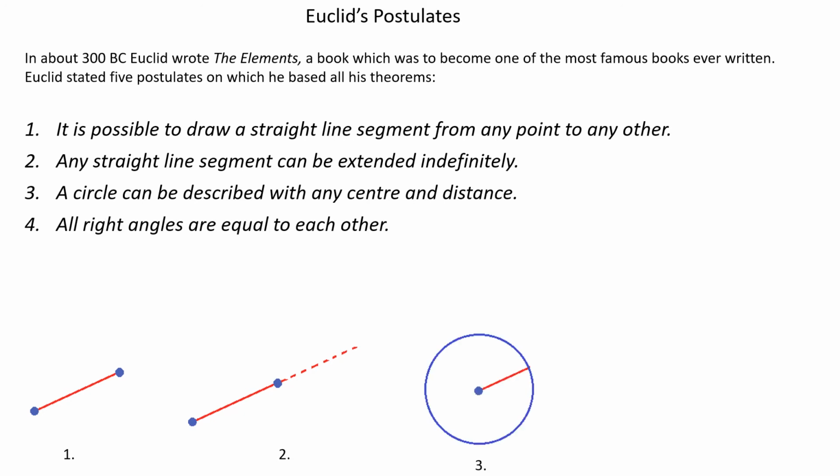He also assumed that all right angles are equal to each other. Again, this seems to make sense. Most of these would seem fairly innocuous, or any reasonable person would assume that this is true. So if you assume these are true, what can you deduce from this is the approach. So these are all fairly straightforward.